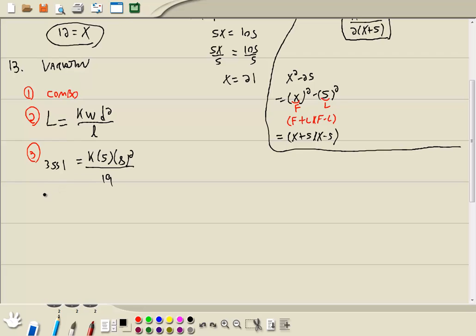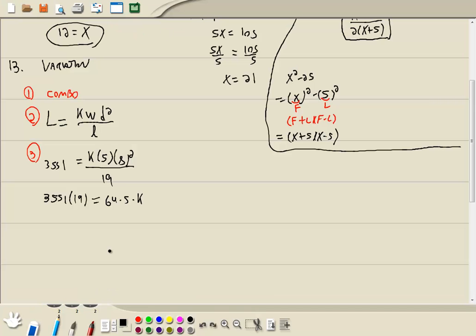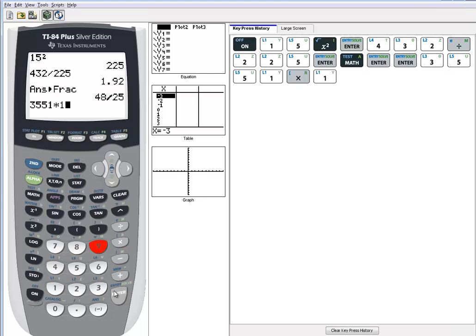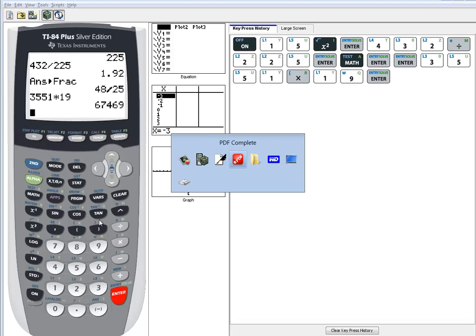So I multiply both sides by 19, so I got 3,551 times 19 equals 8 squared, 64, times 5 times K. So 64 times 5 times K. 3,551 times 19, you got 67,469.